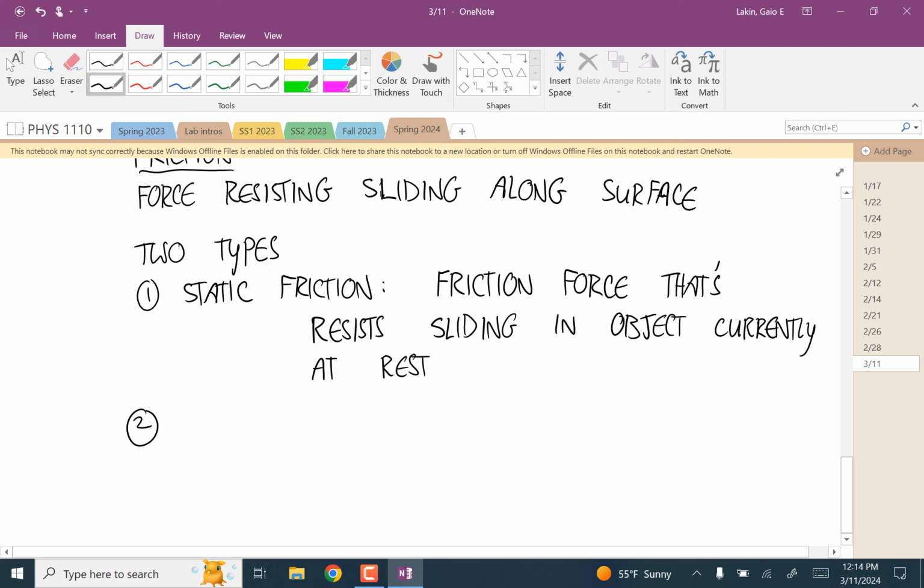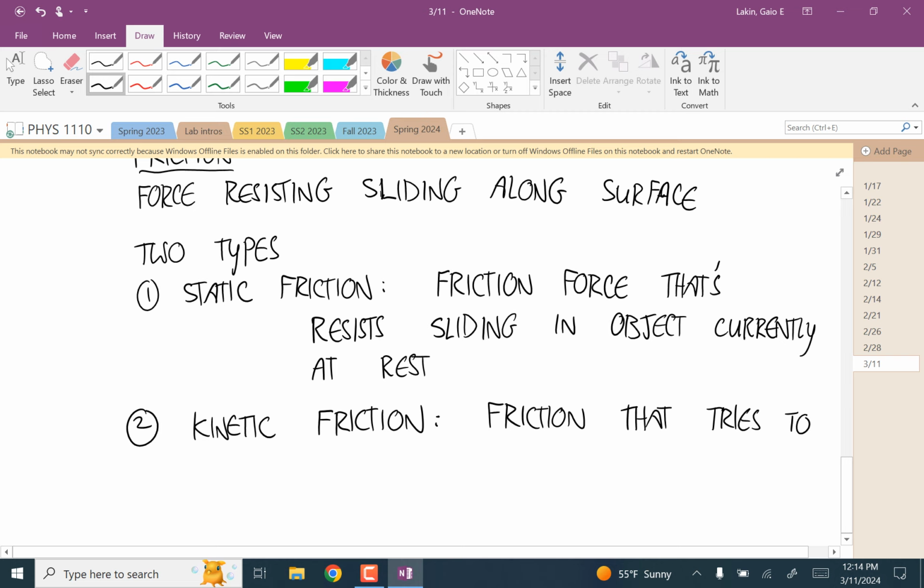And the second type is kinetic friction. And that is friction that tries to slow down sliding that's already occurring.